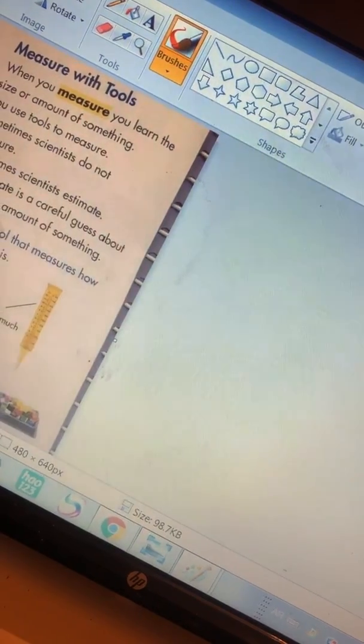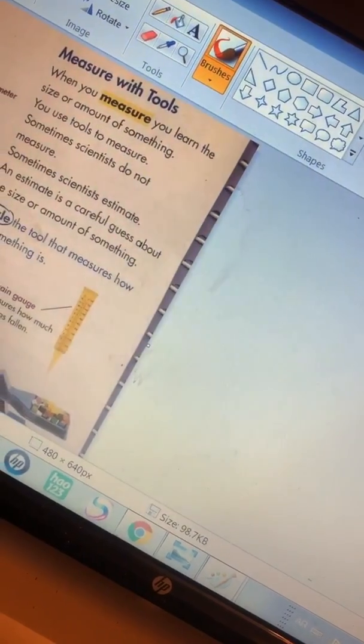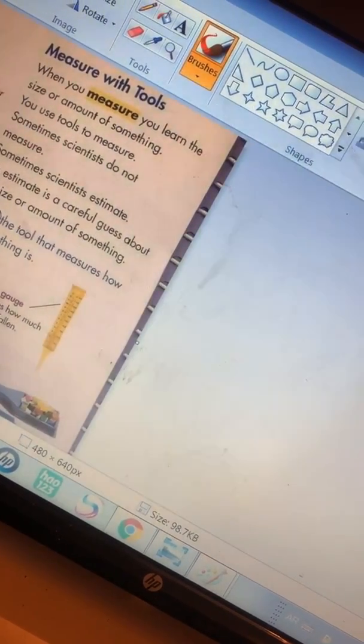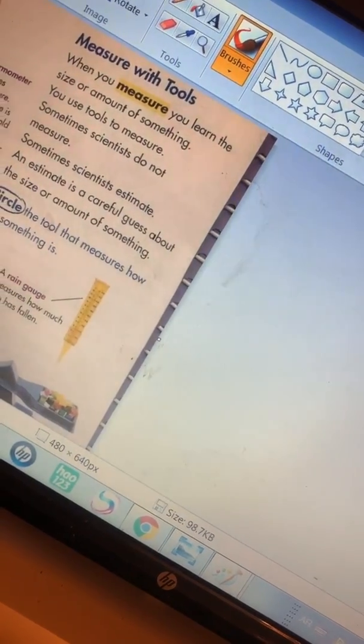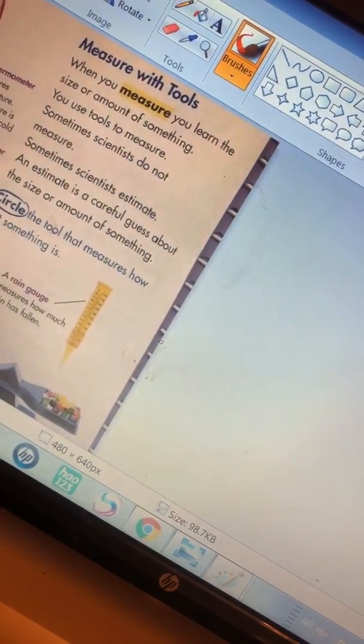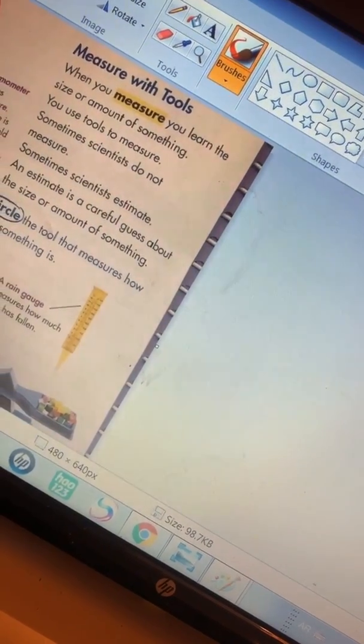They estimate. They don't measure the exact size of the object. They just estimate. But what does estimate mean? Guess carefully. Estimate is a careful guess about the size or amount of something.